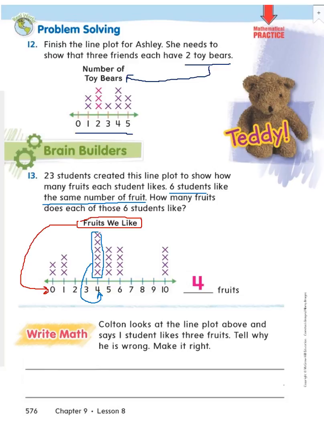Colton looks at the line plot above and says 1 student likes 3 fruits. Tell why he is wrong. Make it right. So Colton says that 1 student likes 3 fruits. What mistake is he making?